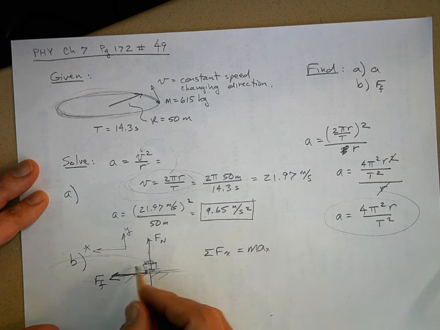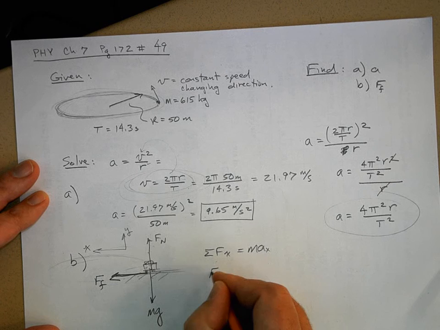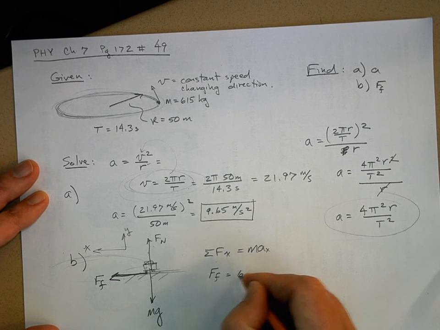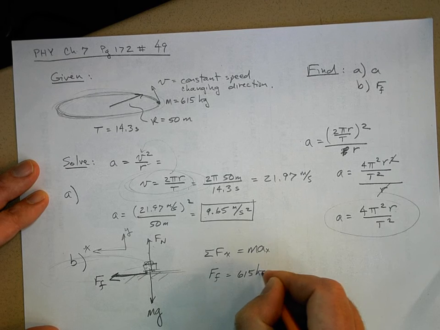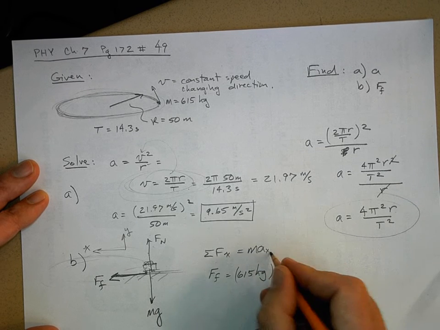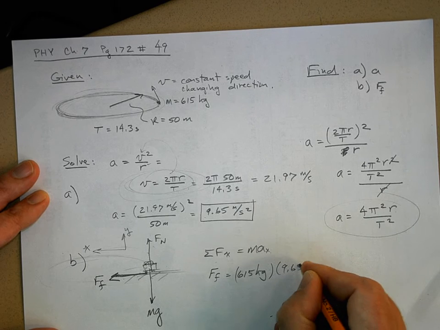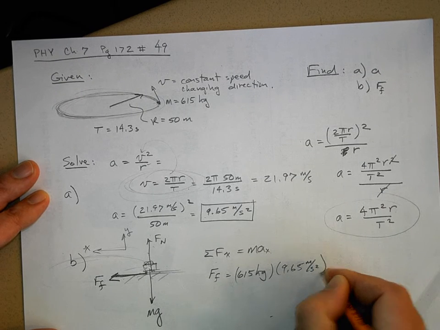So, and there's only one force, that's the force of friction. The force of friction will be equal to m, which is 615 kilograms, times a, which is 9.65 meters per second squared.